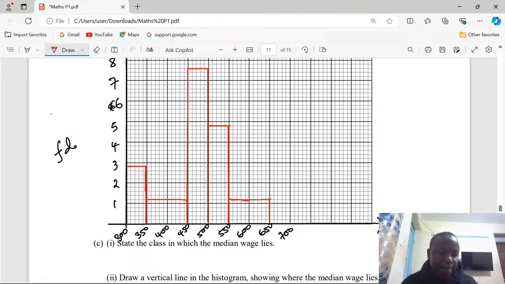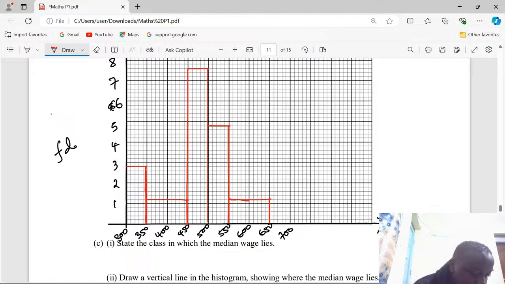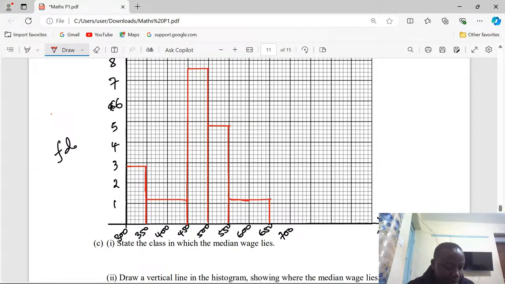So that is the histogram now representing the data.